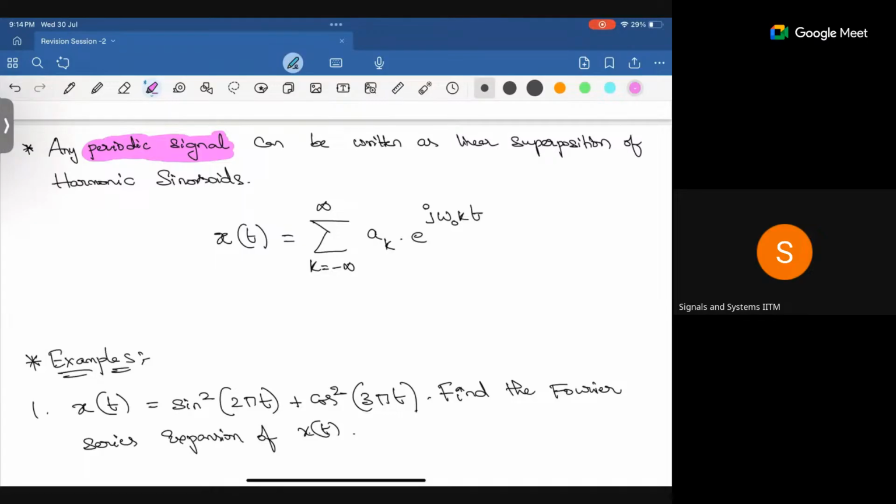This we know is the kth harmonic sinusoid, e power j omega naught k t. And these a_k's are the Fourier coefficients.